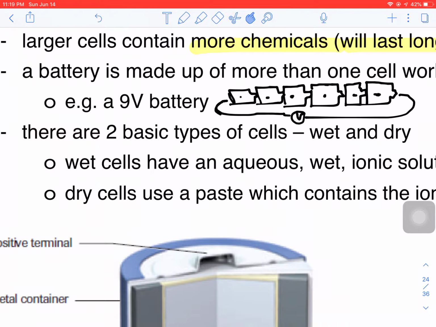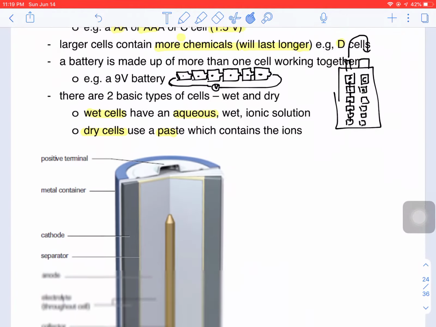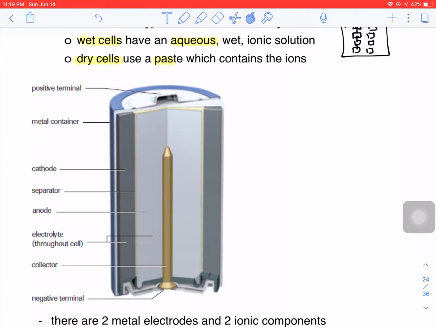A dry cell isn't totally dry because my ions still need to be dissociated, but instead of having a lot of water in there, it's very, very concentrated to a point where it's actually more of a paste than it is a liquid. So in the wet cell, I actually have liquid solutions, and in the dry cells, like the batteries that we normally have, most of what's inside here is a paste.